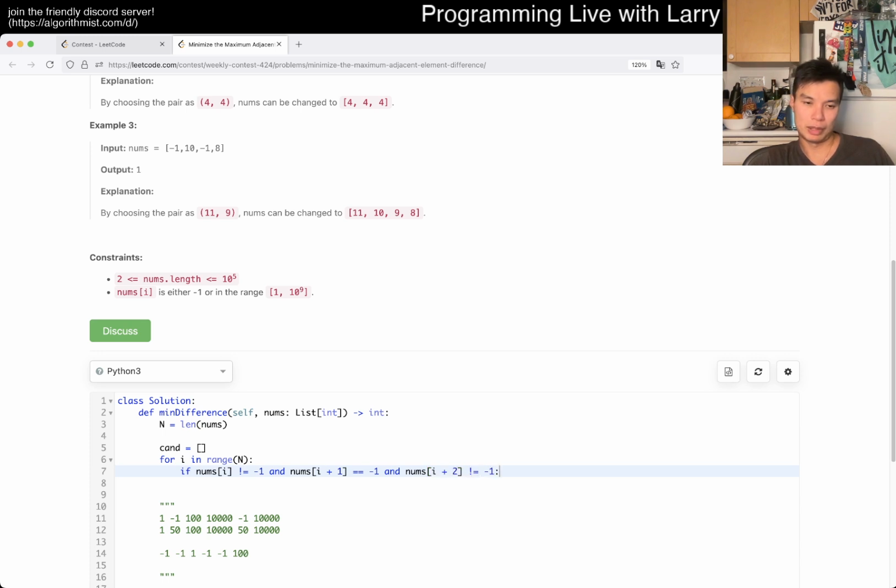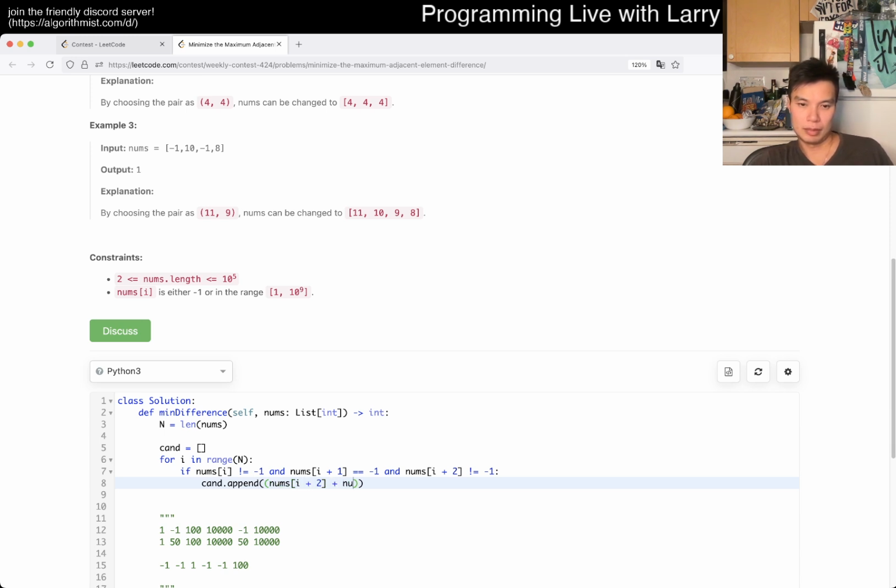And let's just put it in. We want to say nums, and then there's some weird thing about rounding, but yeah.